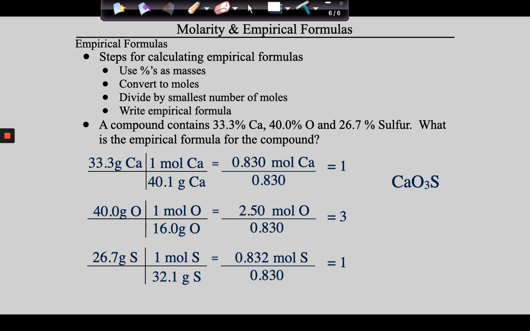So guys, we're not quite done. Calcium is a metal, so is this a salt or a molecule? Calcium is a metal, which makes it a salt. Now guys, if the first thing were a non-metal, it would be a molecule and you're done. But calcium is a metal, therefore this is a salt. So now let's name it. What would we name CaO3S? Well, you can't until you reorganize it.